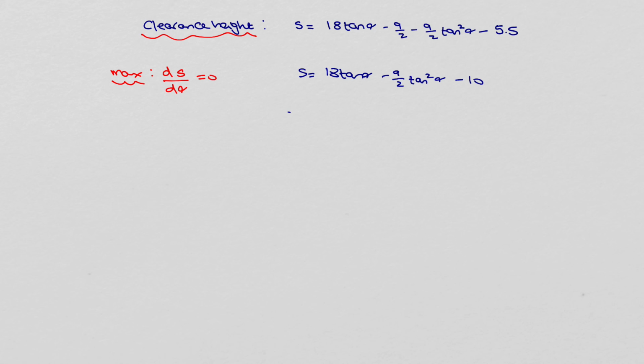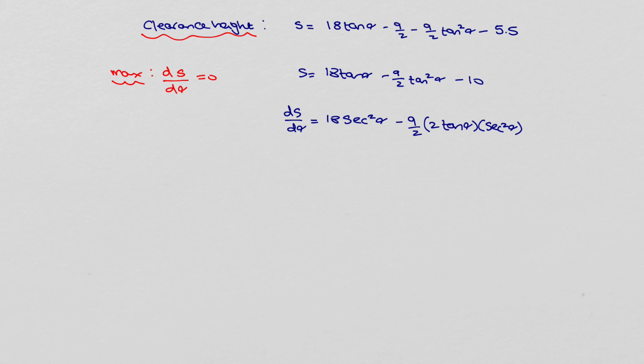So now if I get ds d alpha, well, if I differentiate tan, I get sec squared. And then if I differentiate tan squared alpha, well, it's a power of a trig function of an angle. So I'm going to bring down the power. So that's 2 tan alpha, and then differentiate the tan, so that's going to be sec squared alpha.